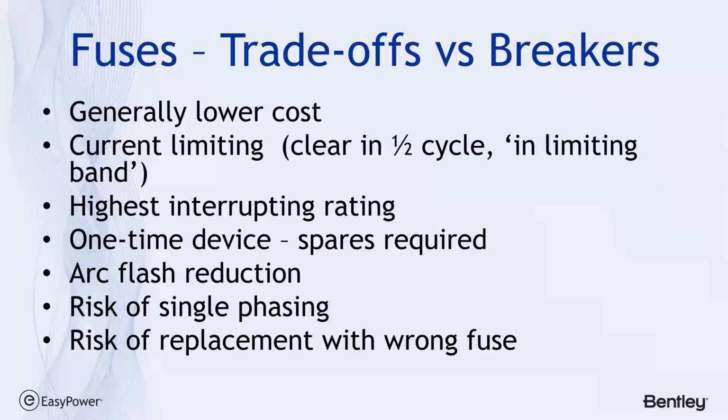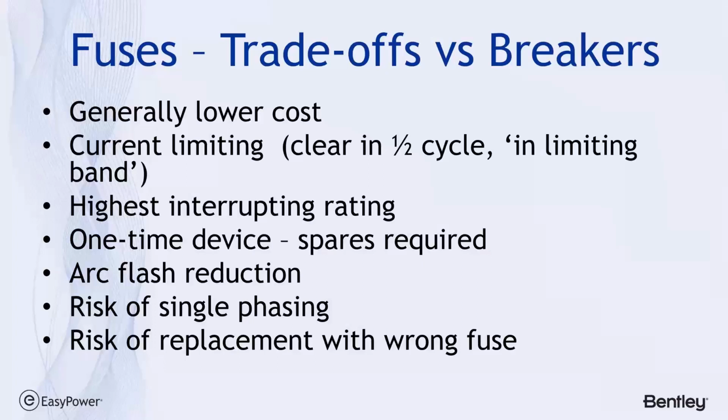In general, fuses offer the highest interrupt rating. Unfortunately, they're a one-time device, so you need to have fuses of the proper size in spares. They are very useful in doing arc flash reduction. They do have the downside, or the risk, of single phasing if only one phase senses a fault or the fuse clears in one phase quicker than the other two.